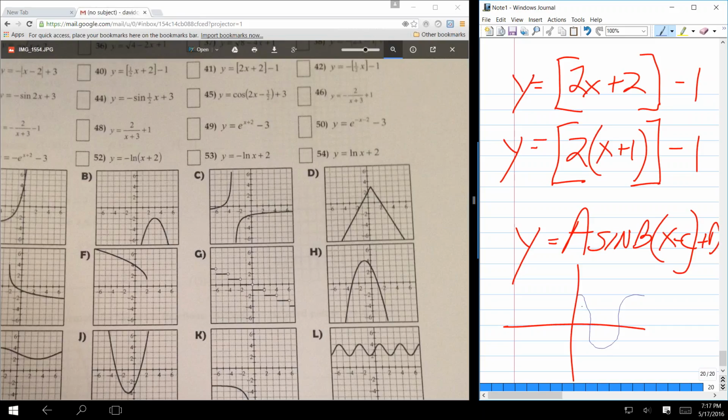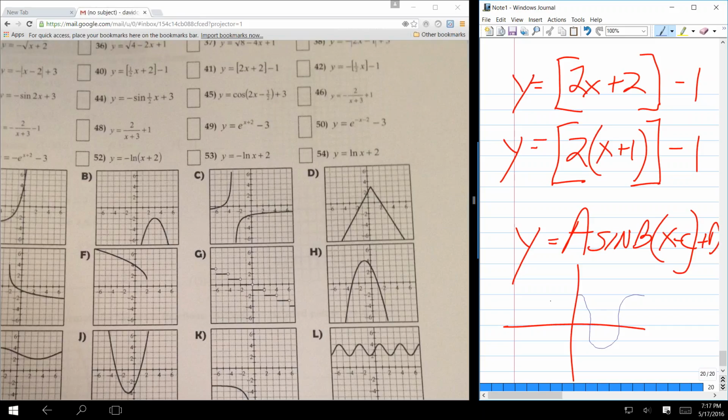If I were to shift this thing a little bit, I could easily make it start down at the origin and then come back up. So it's not that easy to distinguish between a sine curve and a cosine curve. The only difference between them is a horizontal phase shift.